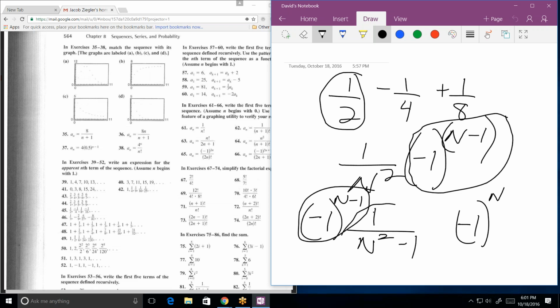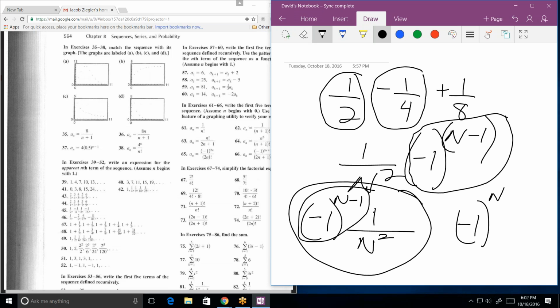It's some variation of 1 over n squared. In other words, this works perfect if I start at 2. I get that, and without the -1. In other words, this sequence right here gives you the second term beautifully.